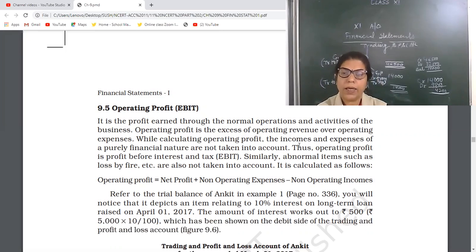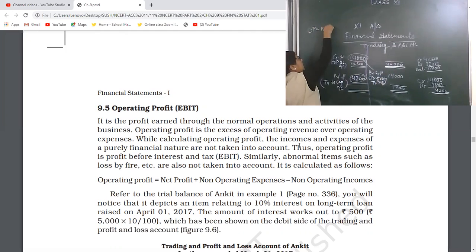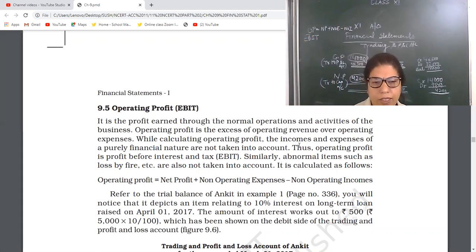Now, operating profit, or OP, is equal to, note down the formula, net profit plus NOE minus NOI. Operating profit is equal to net profit plus non-operating expenses minus non-operating income. Another term for operating profit is EBIT, earning before interest and tax.